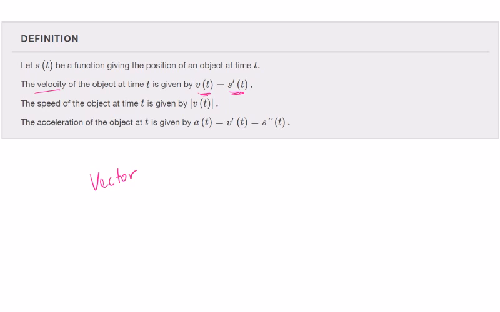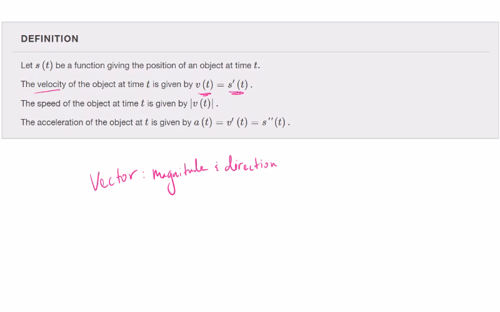which means vectors have magnitude and direction. And this might be something you've learned in physics before. So vectors have magnitude and direction, right? They have value and they have a direction.